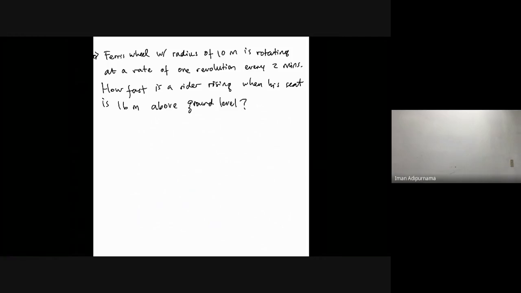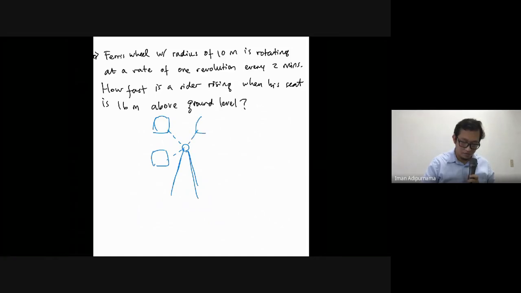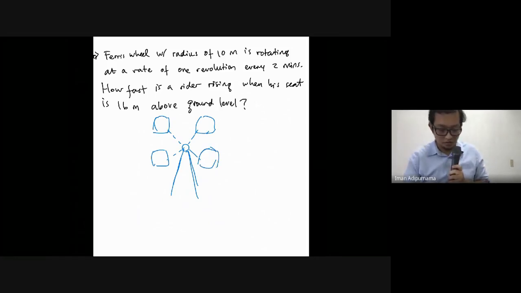Do you know Ferris wheel? It's like a, let me show you what is Ferris wheel. Okay, and this is moving. Have you ridden this before?